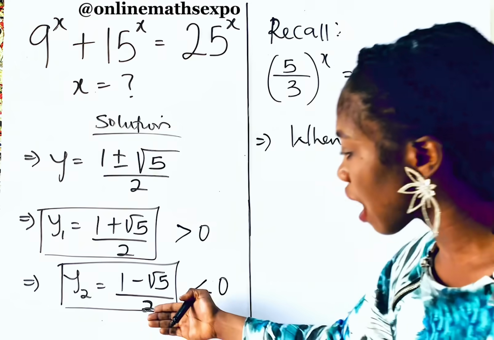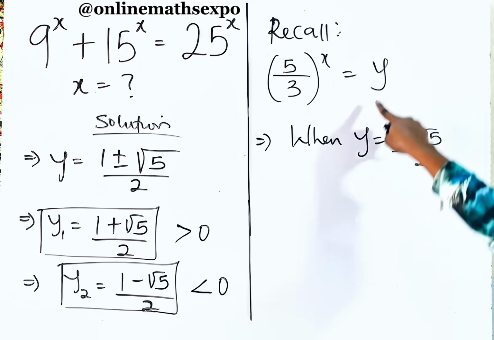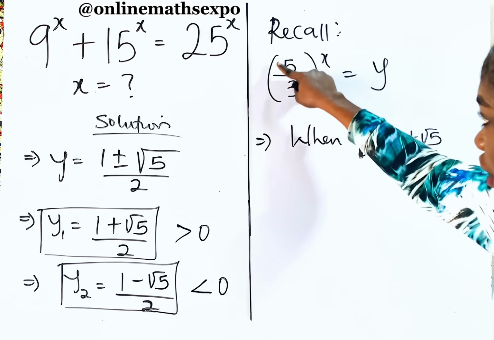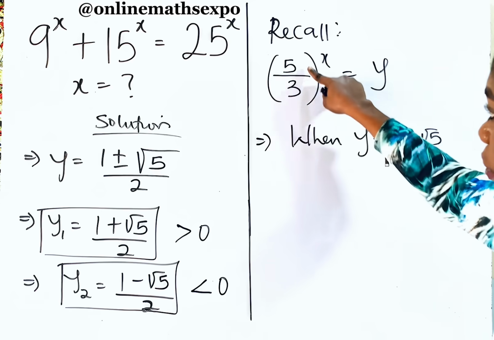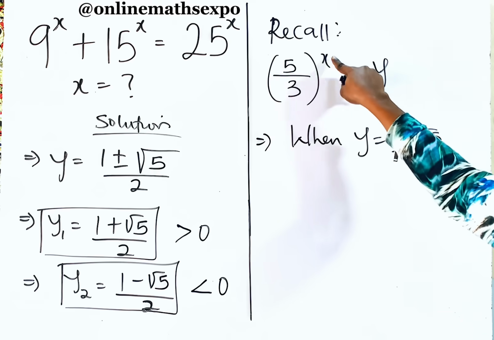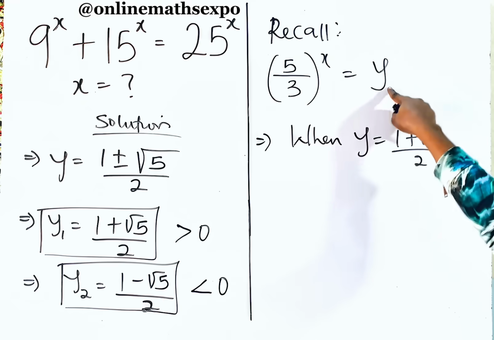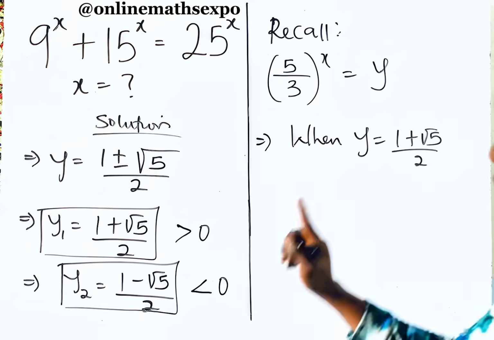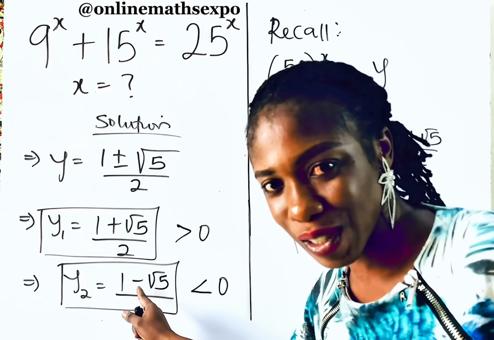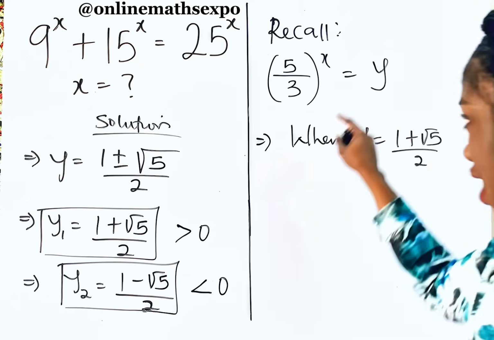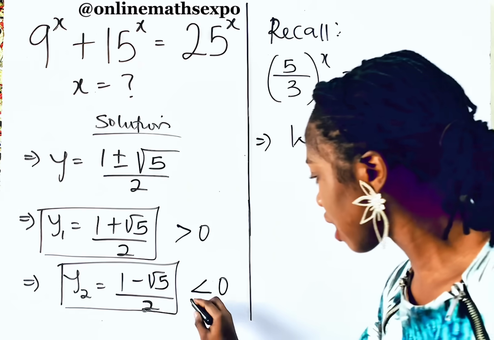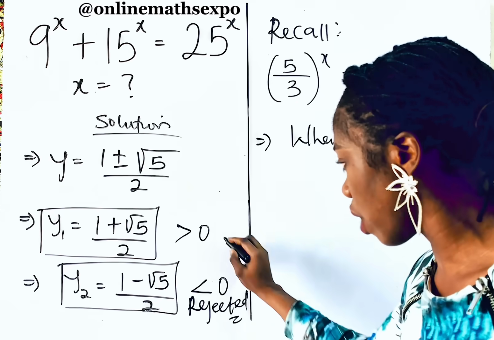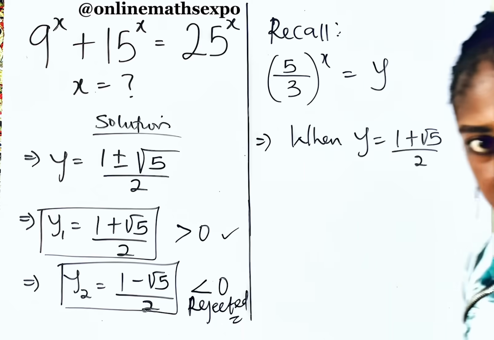So what we have here is a positive base. And if this is a positive base, you cannot raise it to any power to give you a negative result. So we are going to reject this solution because it's giving us a negative value. In that case, this value of y is rejected, so we're only going to work with the first value.